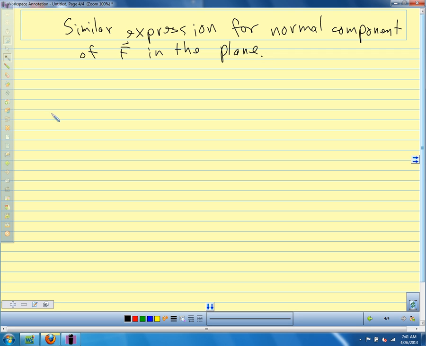All right, so let's let our curve be given by this vector valued function, r equals x(t) i plus y(t) j. That's the boundary of our region, with a less than or equal to t less than or equal to b. So we have this bounded region, and C is the boundary of our region.